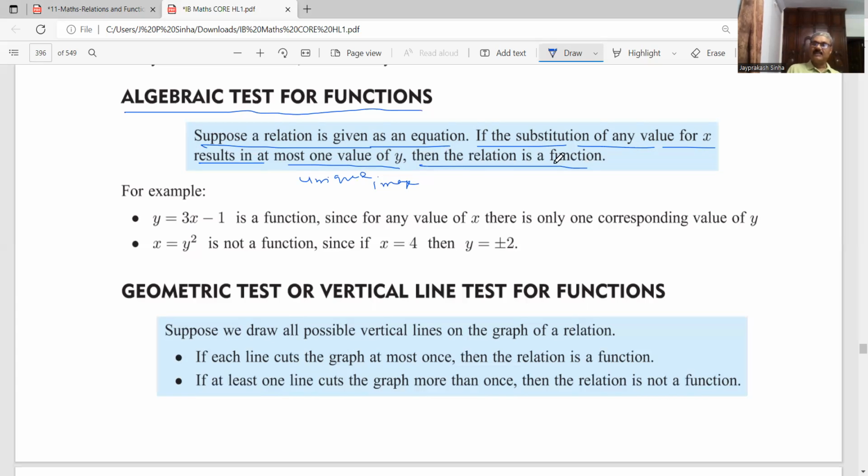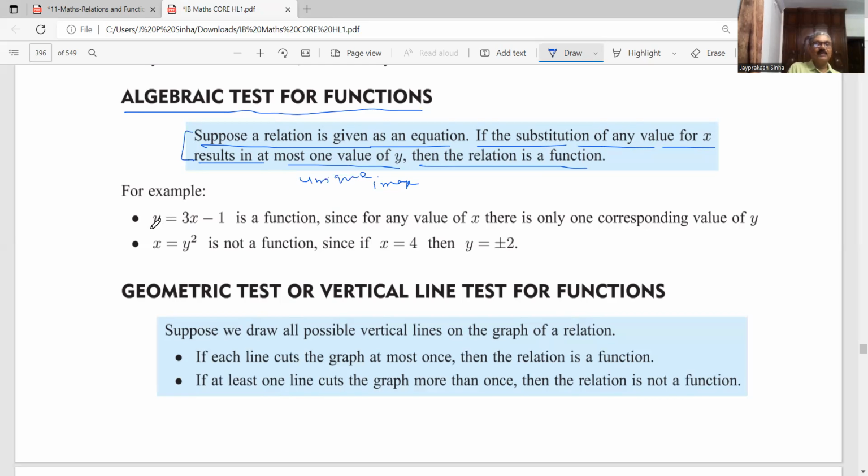What is a function? A function is a special relation in which every element in set A has a unique image in set B. The same thing is written here in a different language.